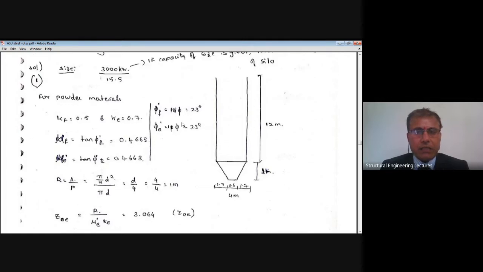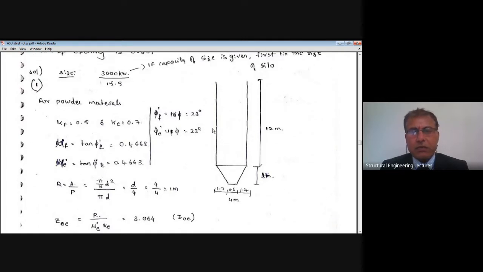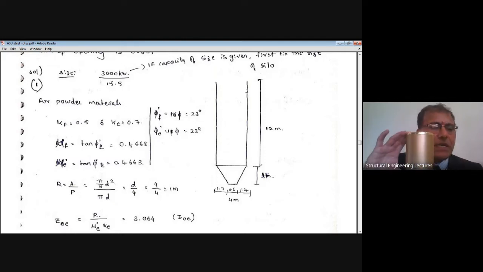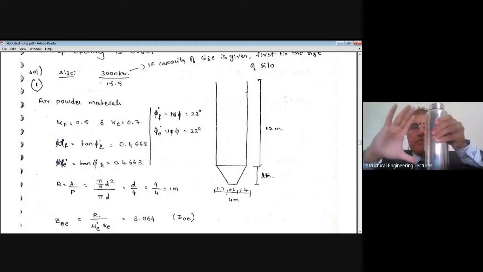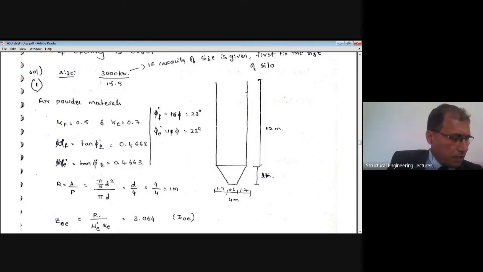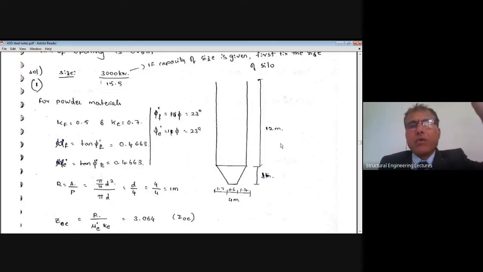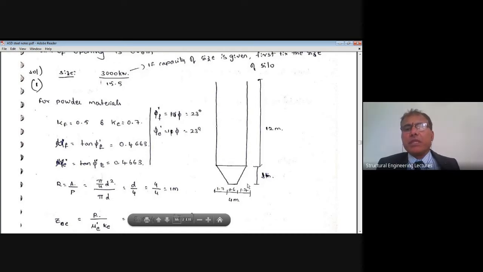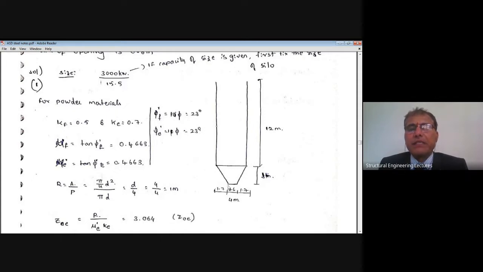This is the geometry that is given, students. The height of the cylindrical portion is 12 meters, below which there is a conical bottom. The hopper portion is 3 meters deep, and a 0.6 meter diameter circular opening is given.